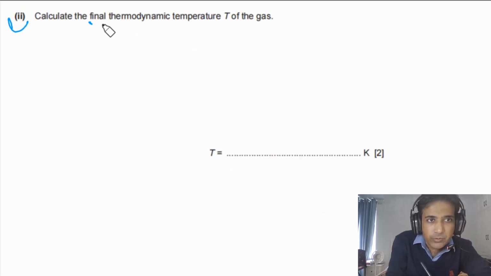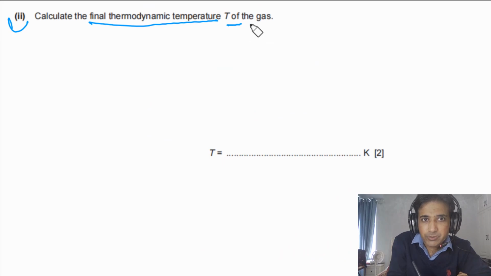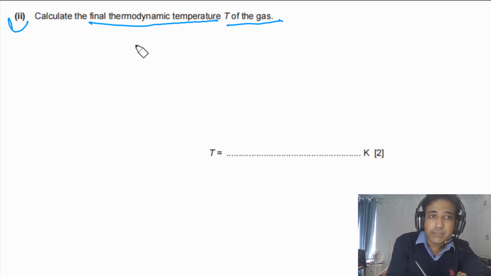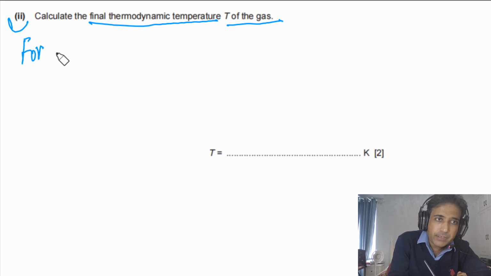Second part says calculate the final thermodynamic temperature of the gas. Means the answer has to be in kelvins. Thermodynamic temperature means absolute temperature. So how can we answer this question? We can simply start from the very basics.